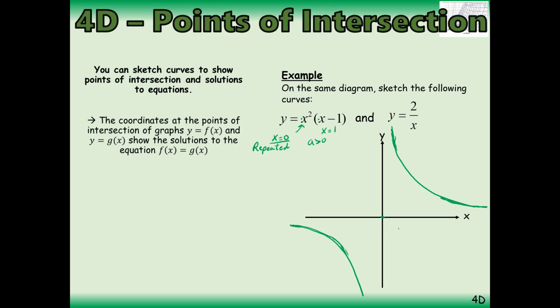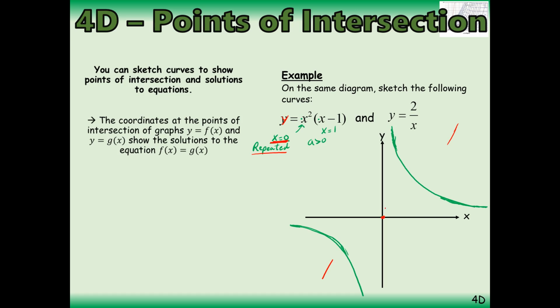A is positive here. Therefore, let me draw it in a different color. For this part here, I will have one end of the graph in this quadrant, the other end of the graph in this quadrant here.